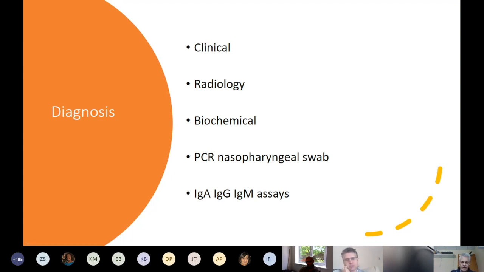In terms of assays, they've just announced on the news today that I think Roche have had an assay tested at Porton Down, which looks promising and is going to be rolled out. We've also been doing a study at St George's, not me, though I've been participating as a volunteer in giving blood, in measuring IgM to see acutely if there's presence of antibodies, and then IgA and IgG.